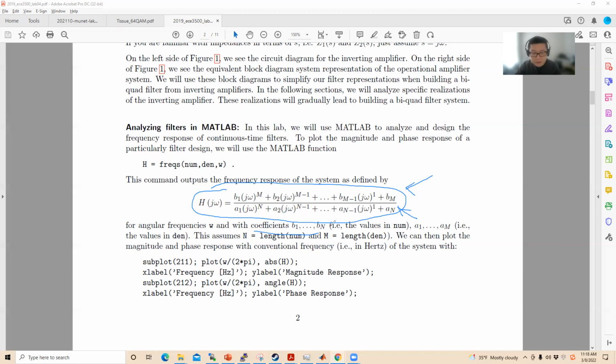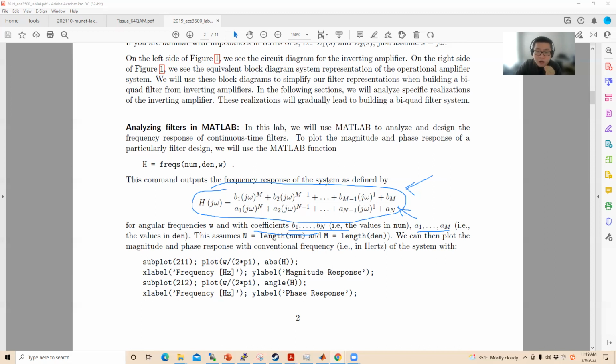Suppose that we already know the coefficients for the numerator and the denominator. In this case, they are the coefficient vector b1 to bn, and this is coefficient vector a1 to am.